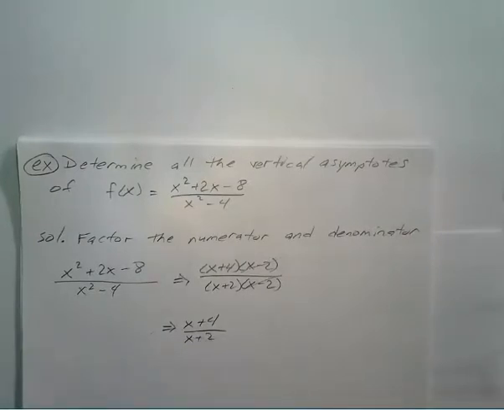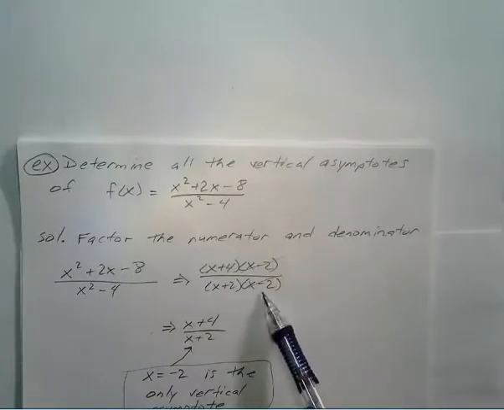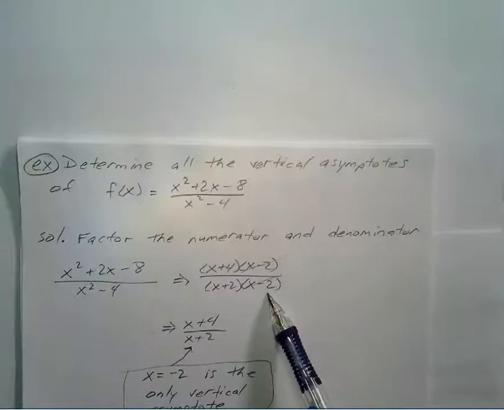Okay, so we see here that x equals negative 2 is the only vertical asymptote. Now you're probably asking yourself, okay, what about that x minus 2?